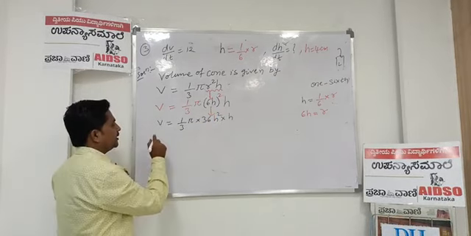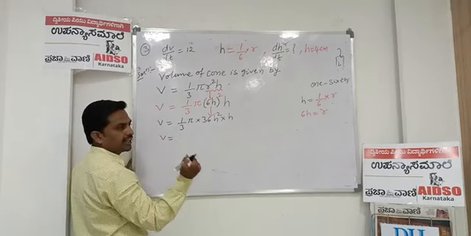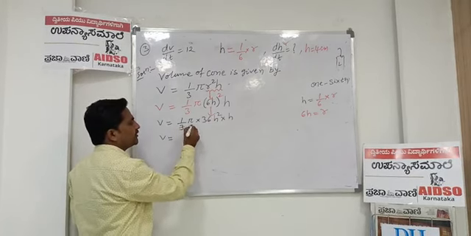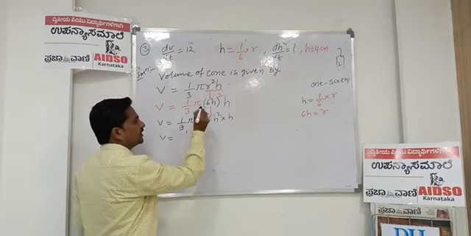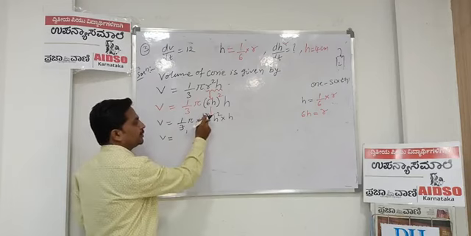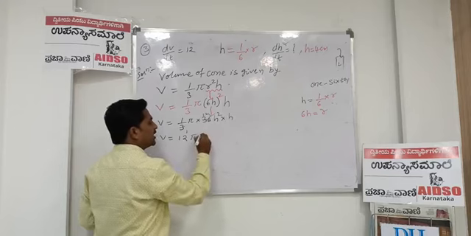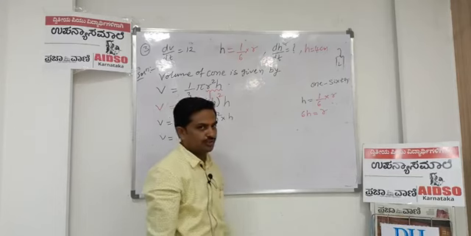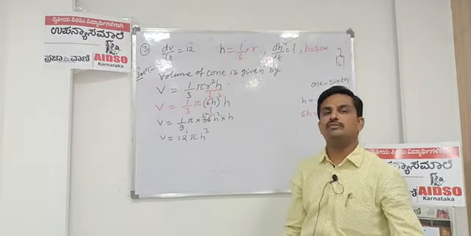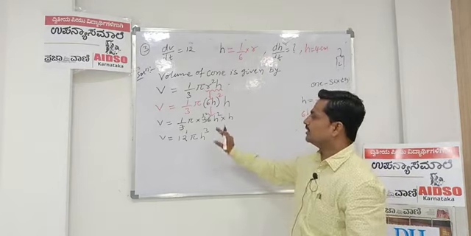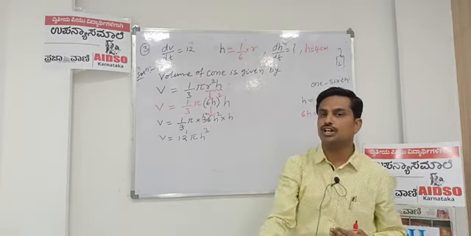Then further it becomes V equals, the cancellation part, 3 ones are 3, 3 twelves are 36, so it will be equal to 12 pi h square into h, which equals h cube. This is the first simplification that is required to substitute the values.